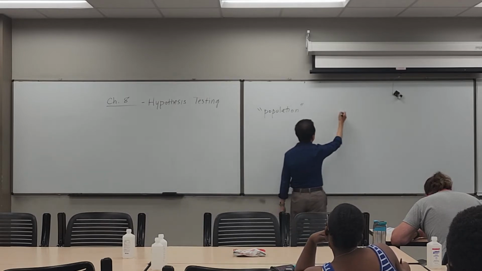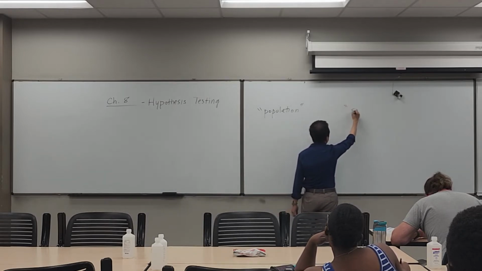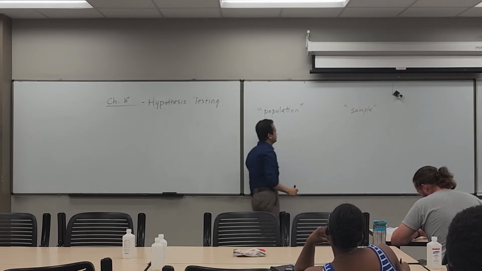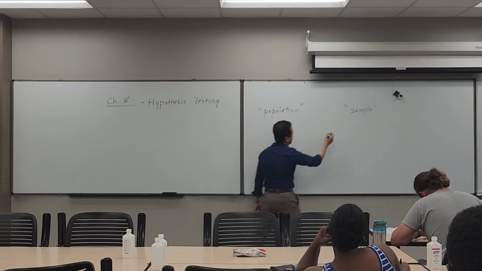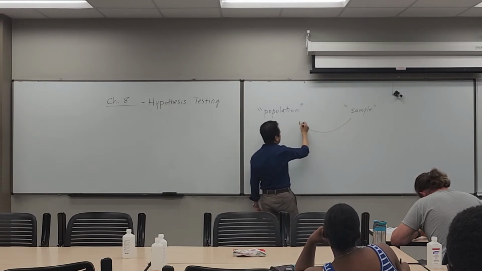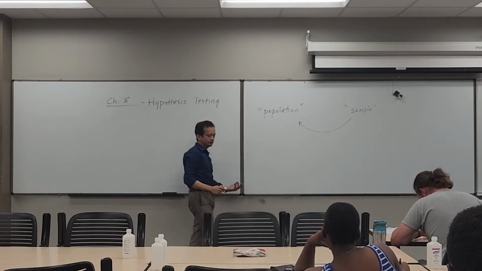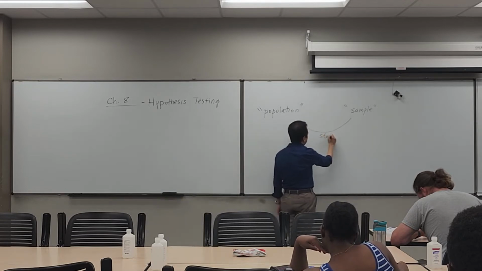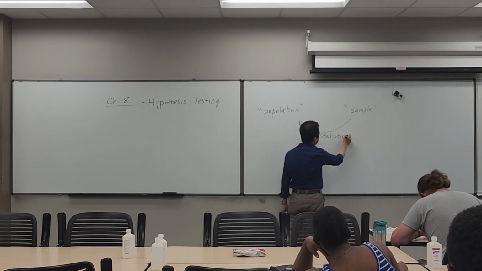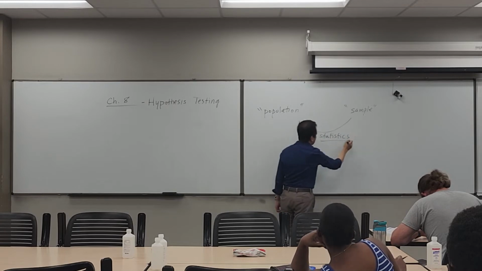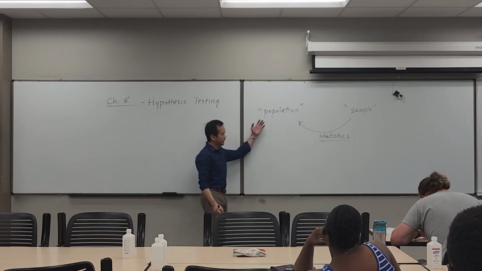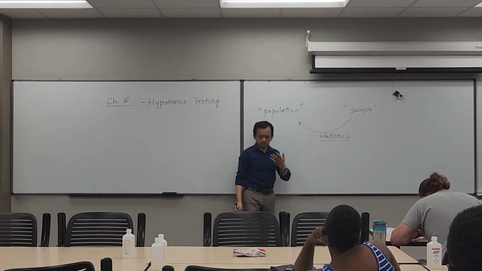So instead, we have to resort to a sample, a much smaller subset of that population. And from that sample, we want to draw a conclusion about that original population we were interested in. So far, we've seen an example of that process where we end up making a conclusion about the whole population using a sample. The example we talked about was in the form of confidence intervals.